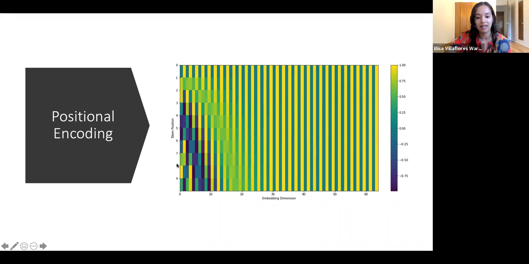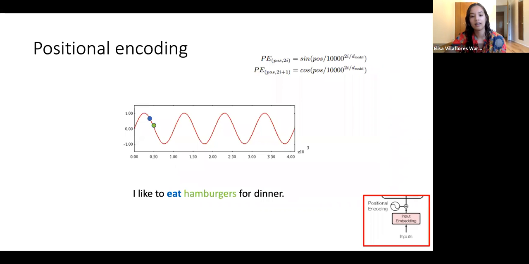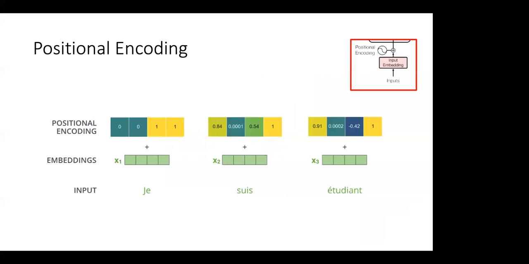So this is like the 8th word of the sentence, the 9th word, or sorry, this would be the 10th word of the sentence, 9th word of the sentence, for example. This is what their positional embedding would look like. So they've converted a sentence into a temporally encoded sequence, where the embedding dimension is consistent, but the position along the temporal axis describes where it occurs in the sentence.